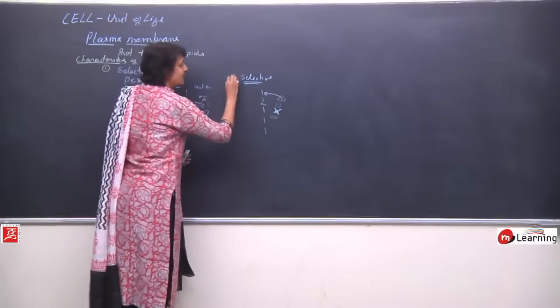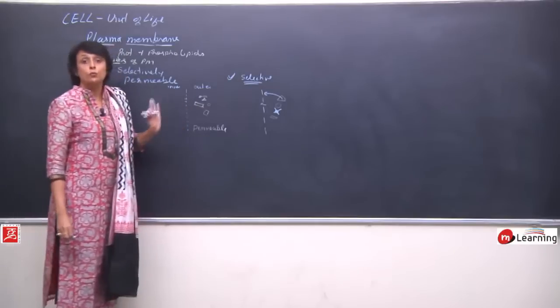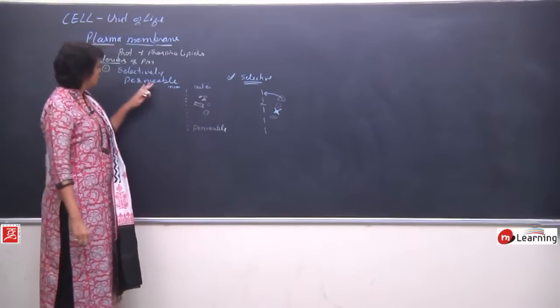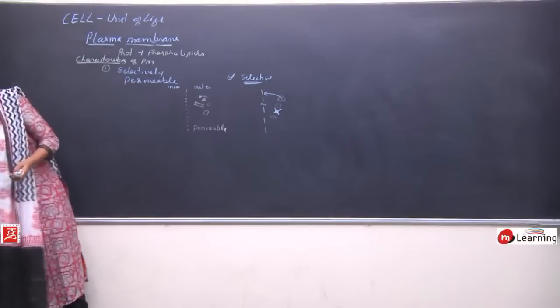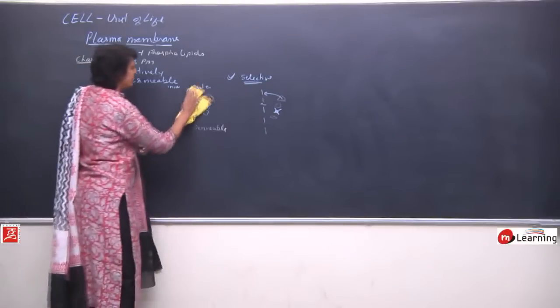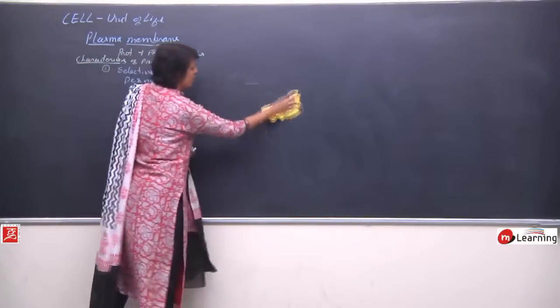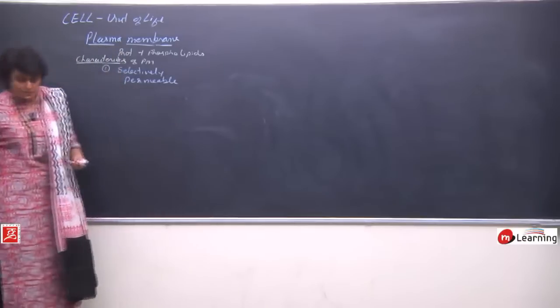So the membrane selects what it wants or what the cell wants. So the plasma membrane that we are talking about is a selectively permeable membrane. This is one property which is shown by the plasma membrane.